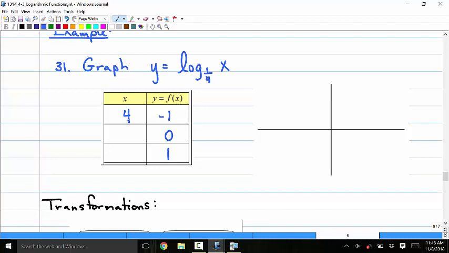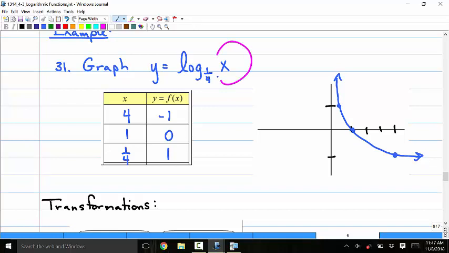If y is equal to 0, x is equal to 1. If y is equal to 1, x is equal to 1/4. So if I plot those points, 4, -1, 1, 0, and 1/4, 1, my function looks like this.